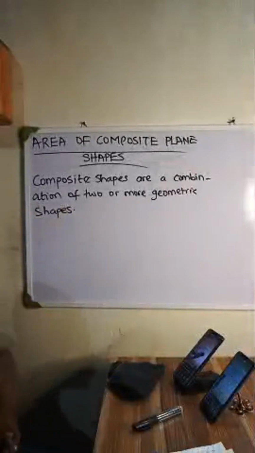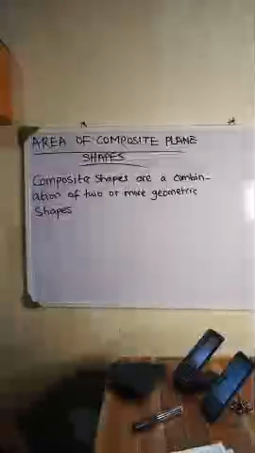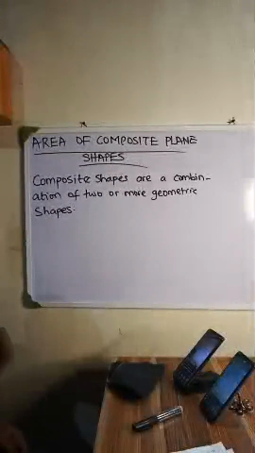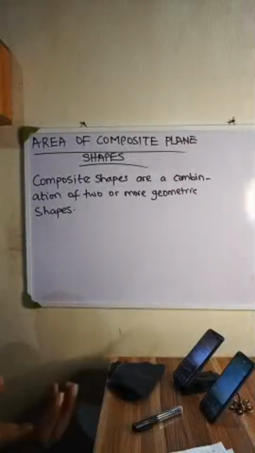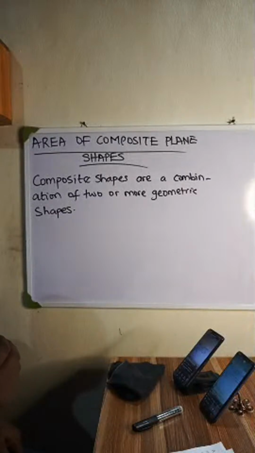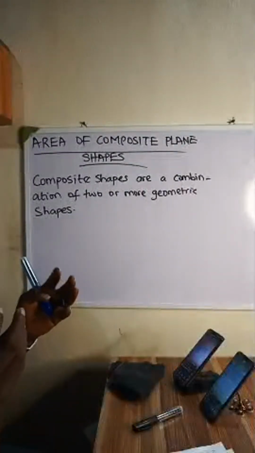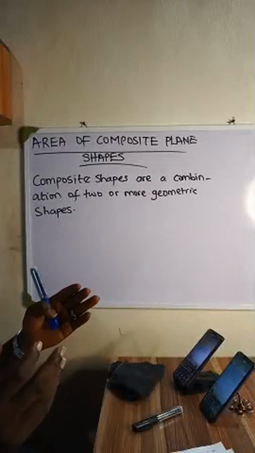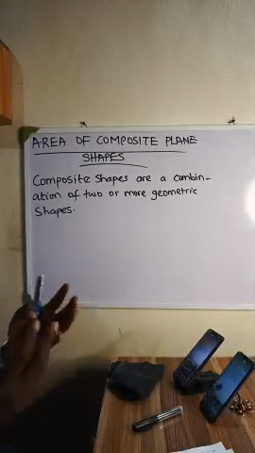When we talk about composite shapes, they are not our regular geometric shapes. The regular geometric shapes we know are circle, square, triangle, parallelogram, trapezoid, or trapezium, and so on. But for you to get composite shapes, you need to combine two or more regular geometric shapes.